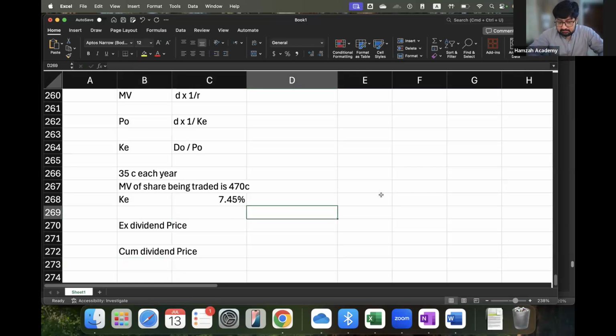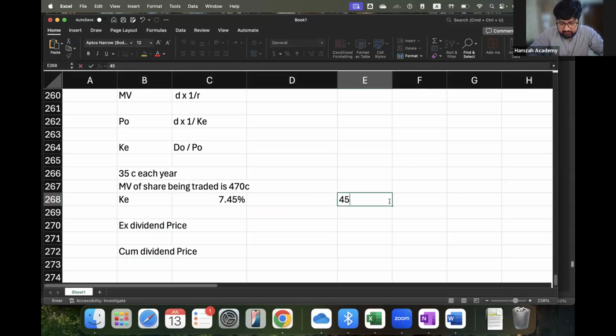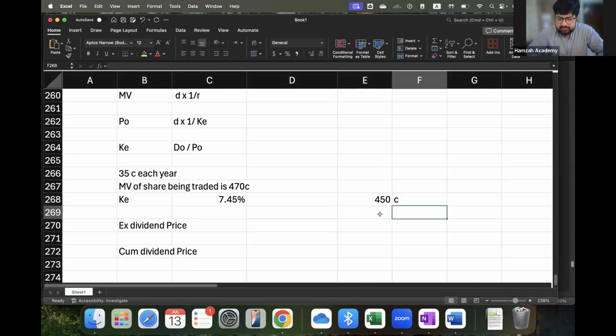For example, a share of a company is trading at 450 cents in the market. You can go and buy the share at this price.